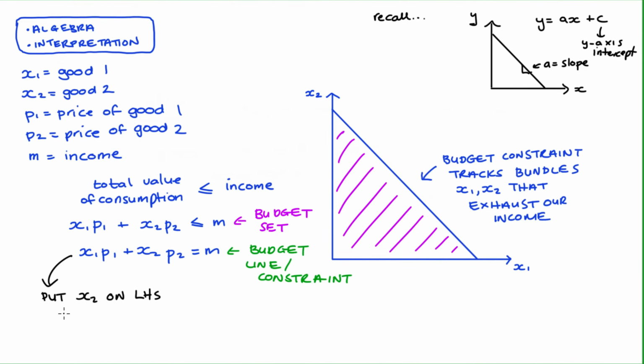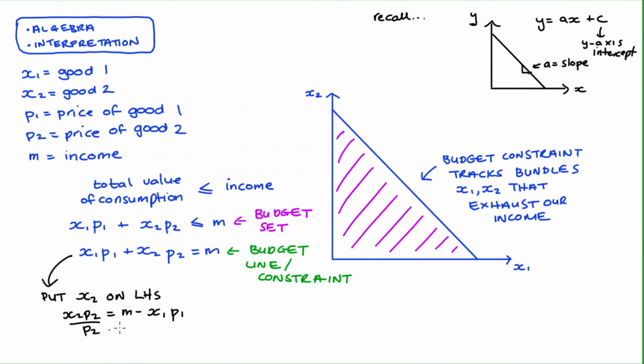So to do that, just working with our budget line equation, we can start by taking away x1 p1 from both sides, and we get x2 p2 is equal to m minus x1 times p1.